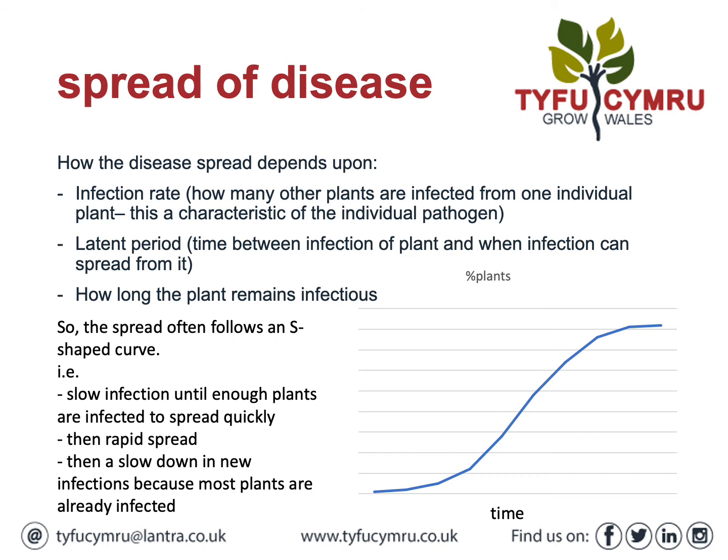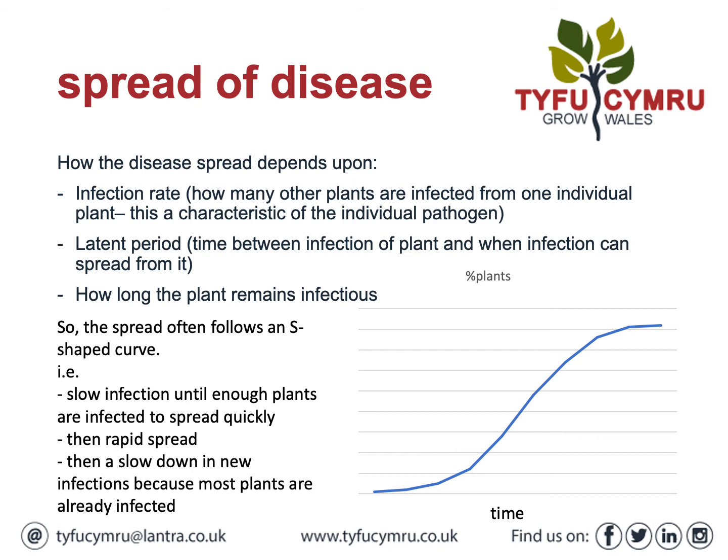But basically, it's how many other plants are infected from one individual plant. So if 2 plants are infected from one individual plant, that is a lower infection rate than if 5 plants are infected from each individual source plant. So that's firstly the infection rate.